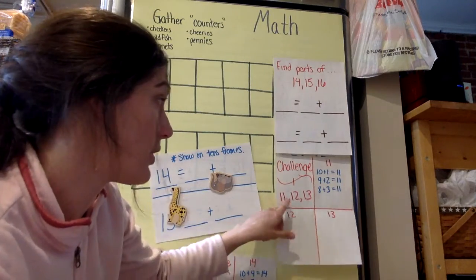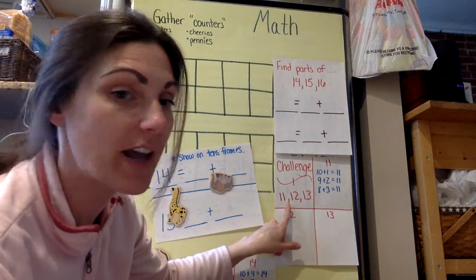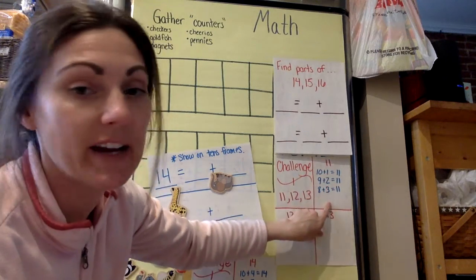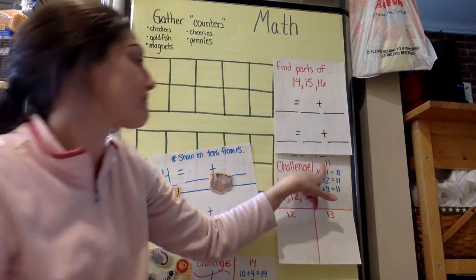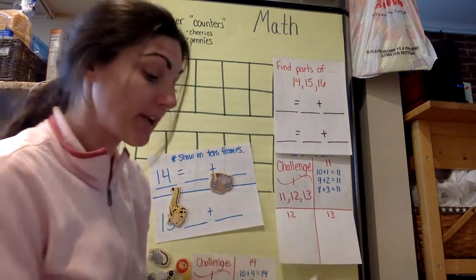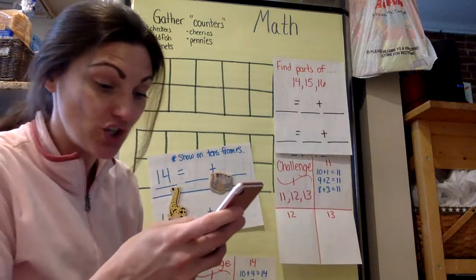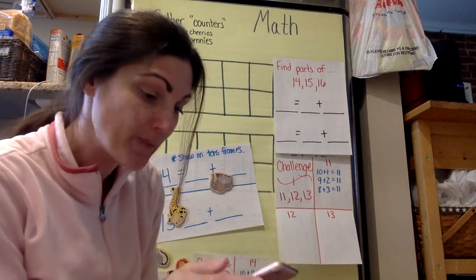First, when I was showing the challenge yesterday, the challenge was to find as many different equations to make the sum of the number in red at the top. So I did 11. I'm going to look here in Gianna's portfolio.